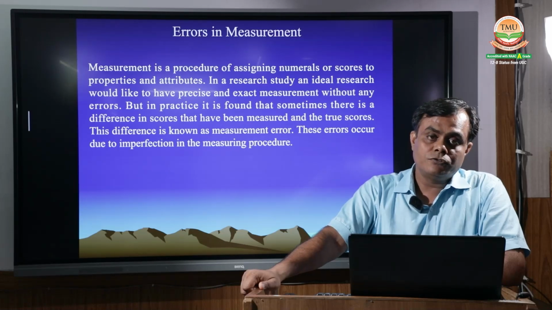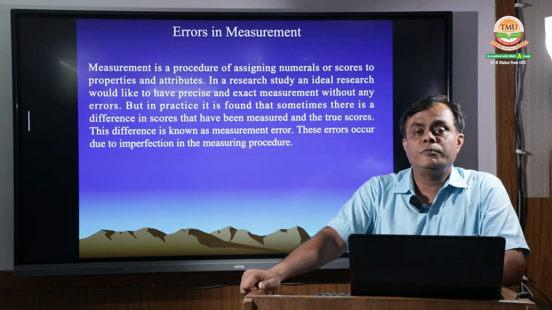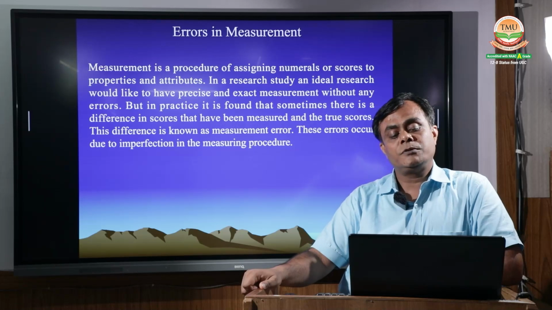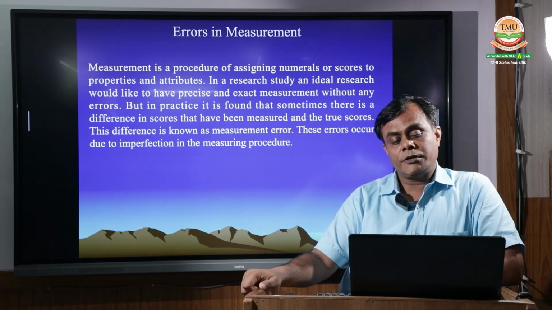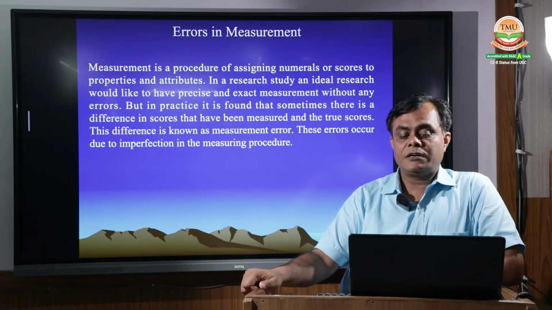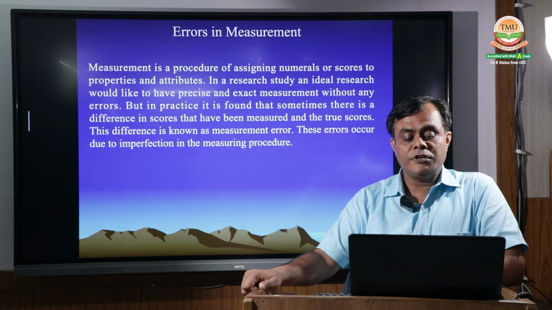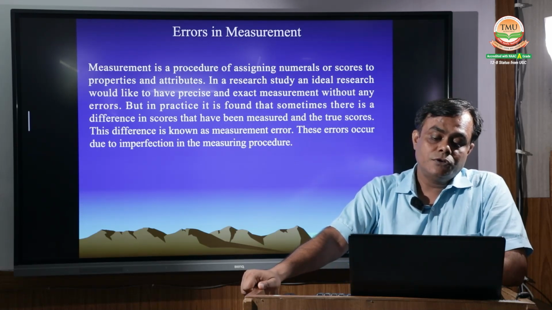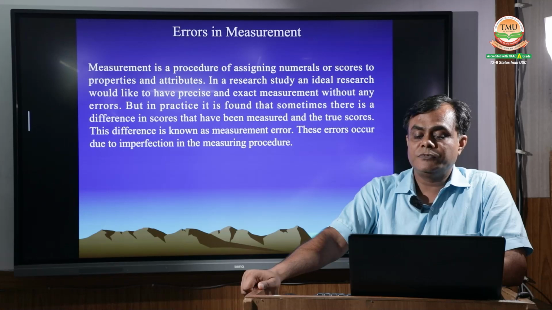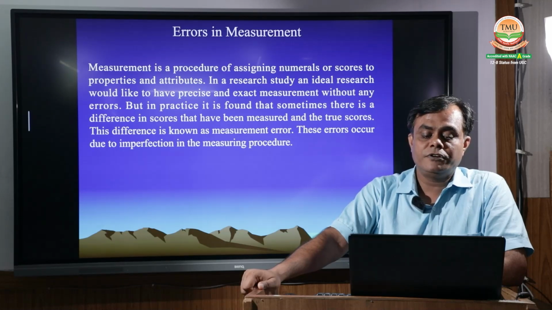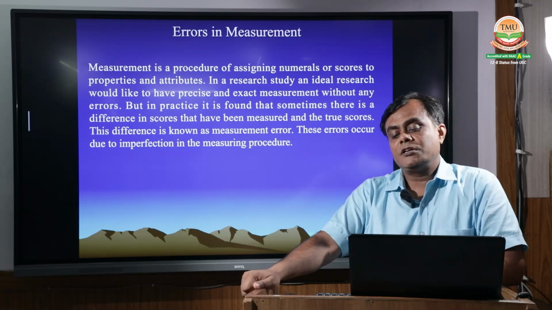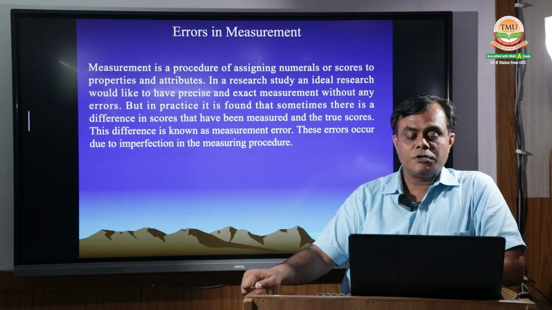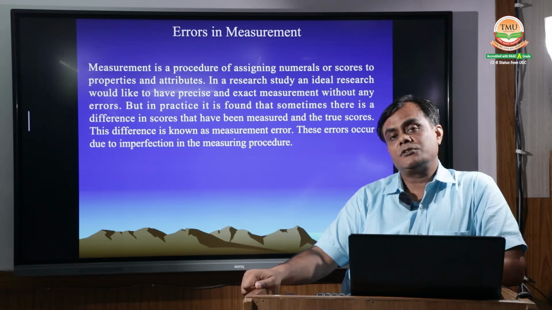In such a research study, an ideal researcher would like to have precise and exact measurement without any error. So whatever you are going to measure, your basic objective is to eliminate or reduce the error, but in practice it is very tough to eliminate or reduce the major errors in the measurement. So sometimes there is a difference between the measured score and the true score. This difference is known as measurement error.